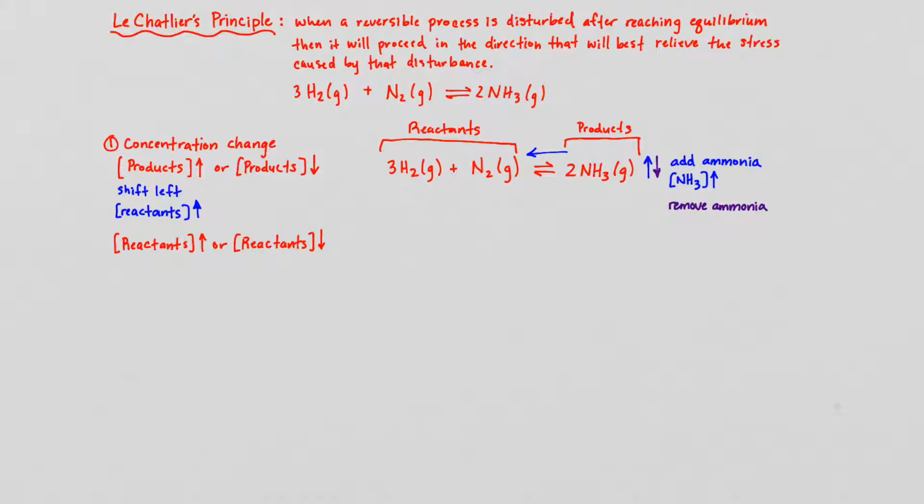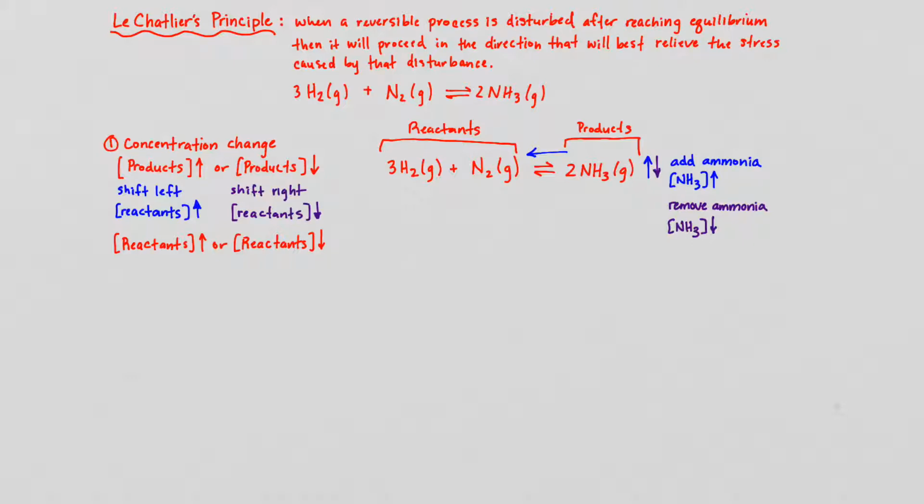then the concentration of NH3 is going to go down. If the concentration of NH3 is going down, what that means is that in order to get back into equilibrium, we're going to have a shift to the right. The equilibrium will shift to the right, and the concentration of the reactants is also going to decrease.